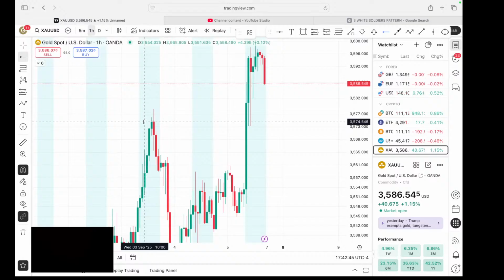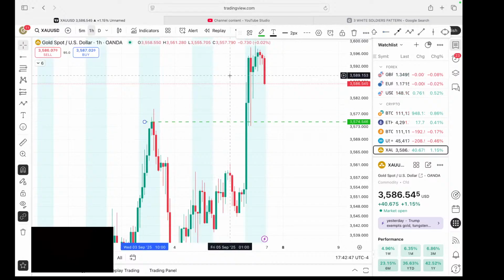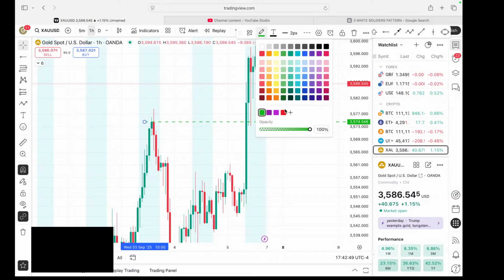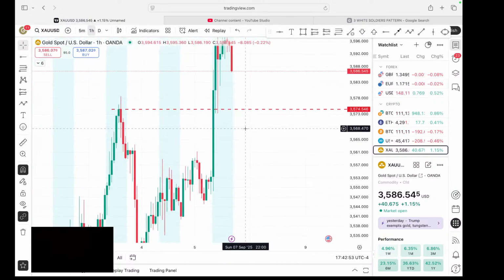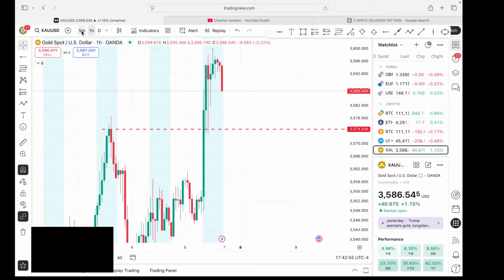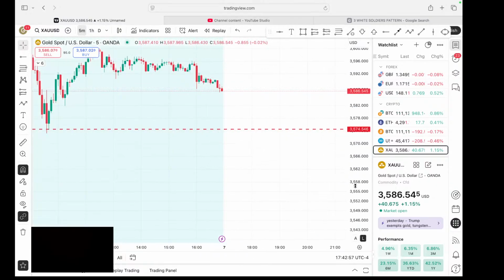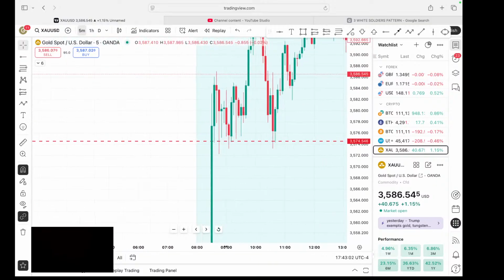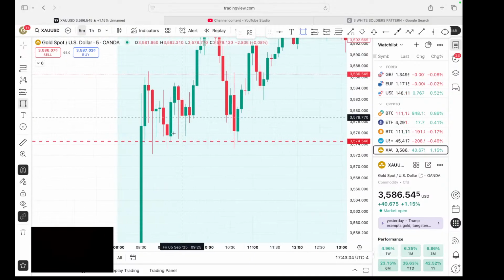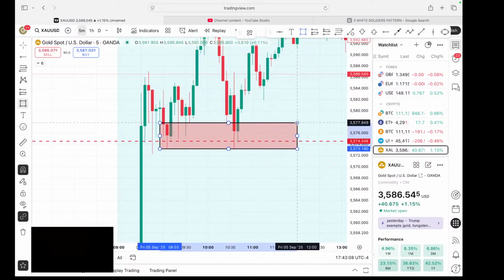Let me show y'all. So boom, this is our hourly resistance. Bang. Then we gotta go down to the 5-minute. Okay. Just marking up these charts real quick.